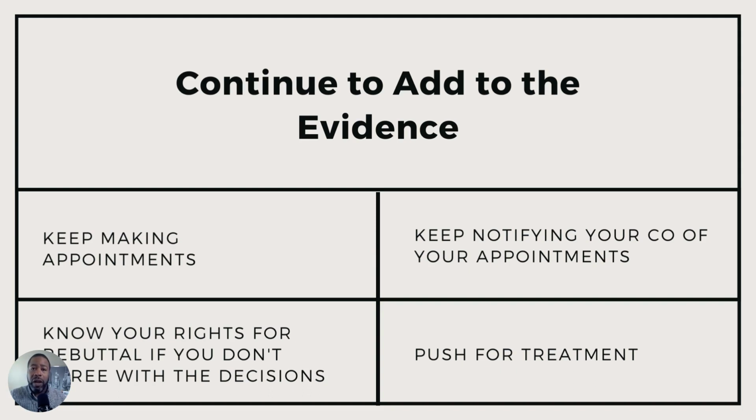Know what your rights are and continue to push for treatment. You want to really consider the push for treatment, because the push for treatment is building the medical evidence.